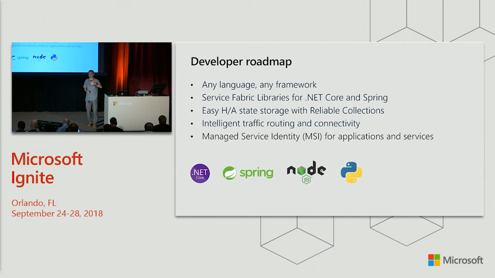The other thing as part of our developer roadmap is we're very keen to make sure that services and applications have identity. This makes it a lot easier for you to write an application, have identity associated with the service. The service can then take its identity and it can reach out to Key Vault, get hold of secrets that it needs or key tokens it needs to talk to another service.